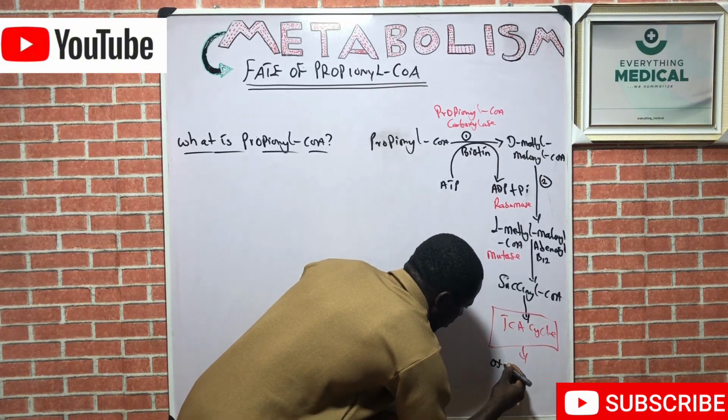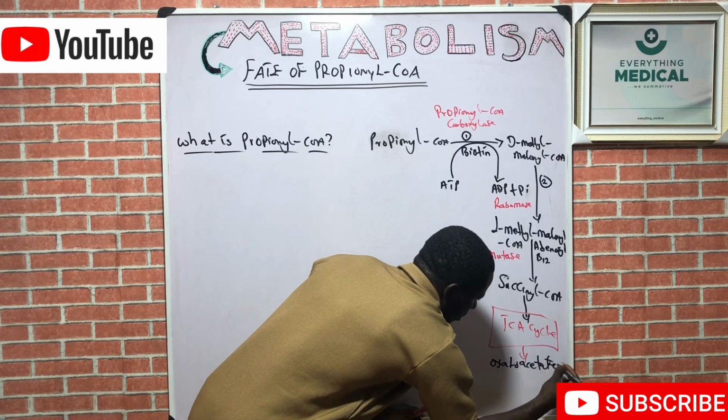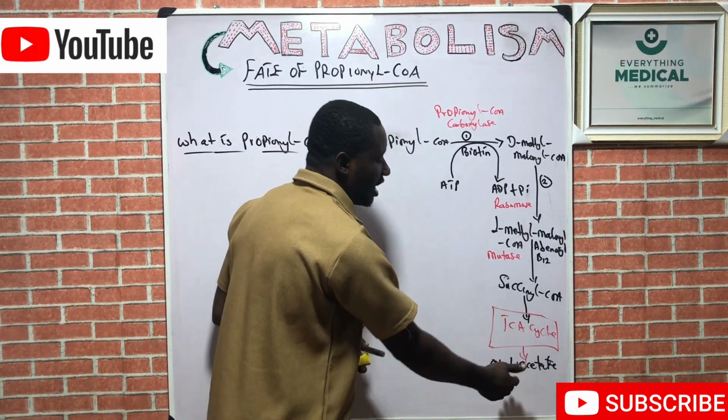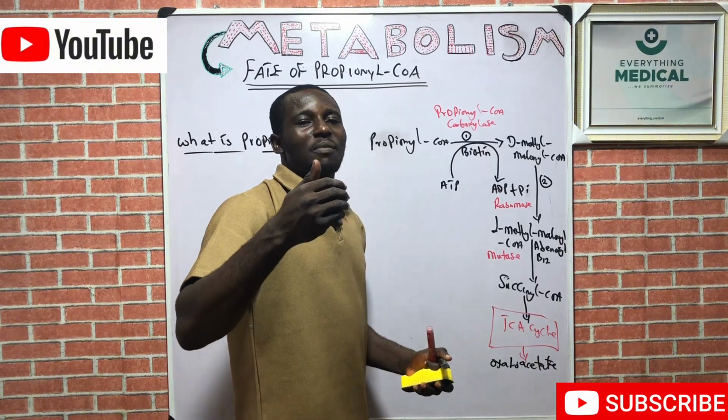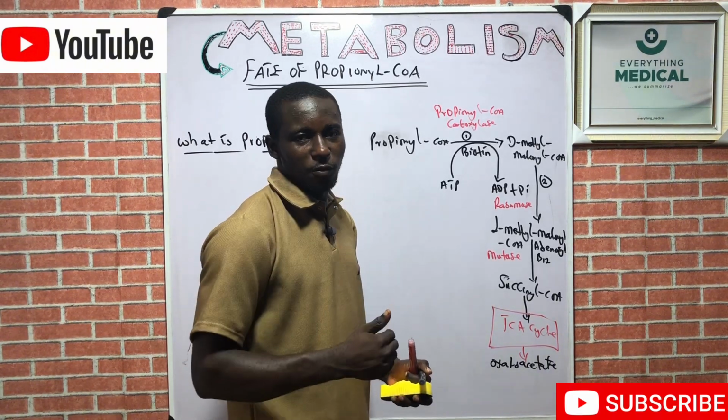Oxaloacetate. And oxaloacetate is a profound precursor of gluconeogenesis in the TCA cycle.